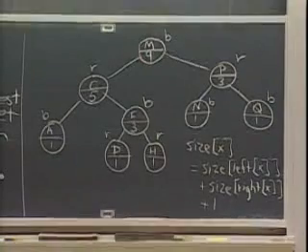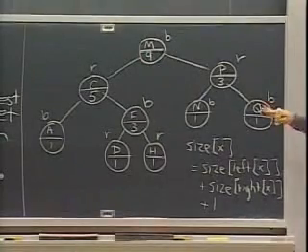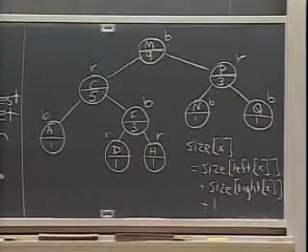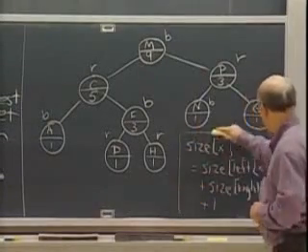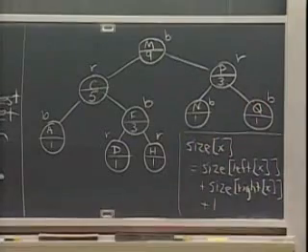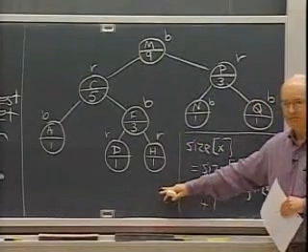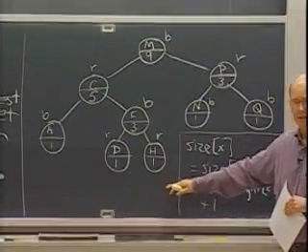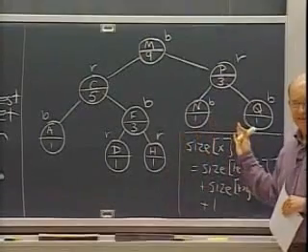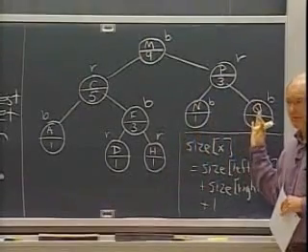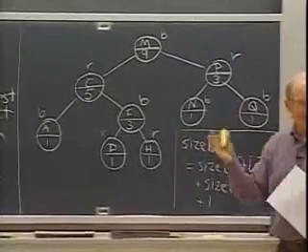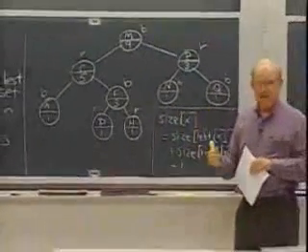It turns out that for the code we're going to write to implement these operations, it's going to be convenient to be talking about the size of nil. So what's the size of nil? 0. There are no elements there.